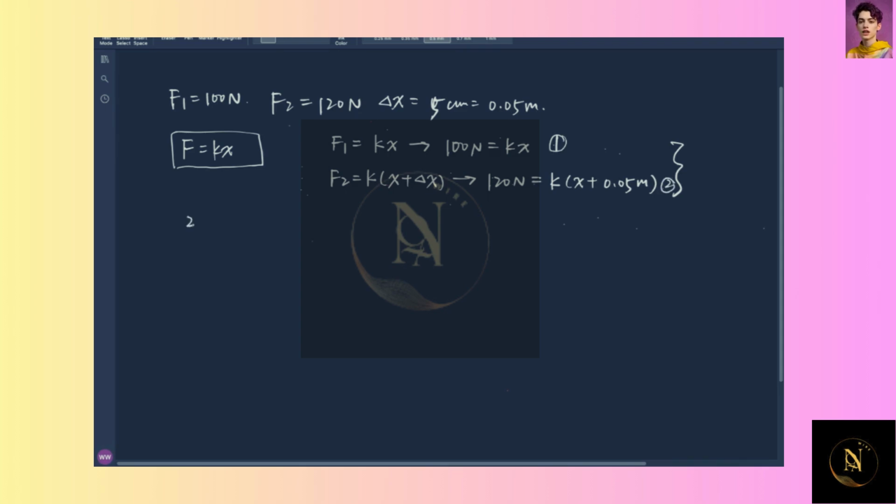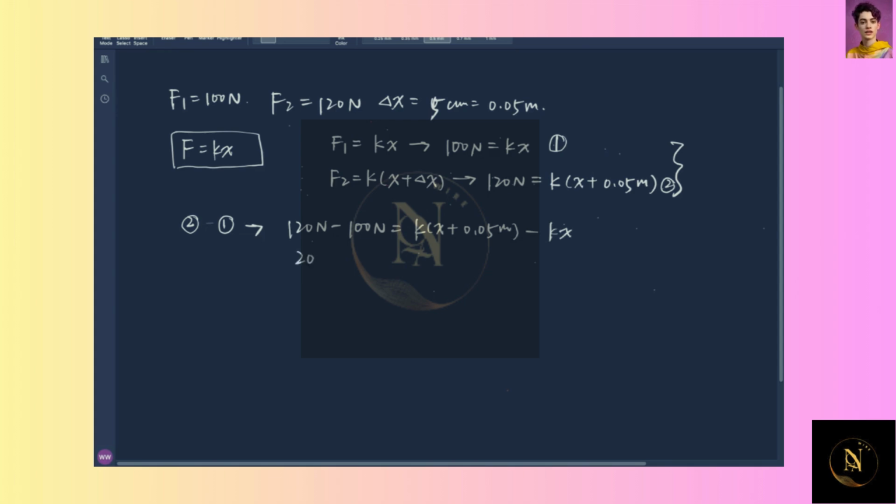So if we use equation 2 minus equation 1, it's going to give us 120 Newton minus 100 Newton equals k(x plus 0.05 meter) minus kx.